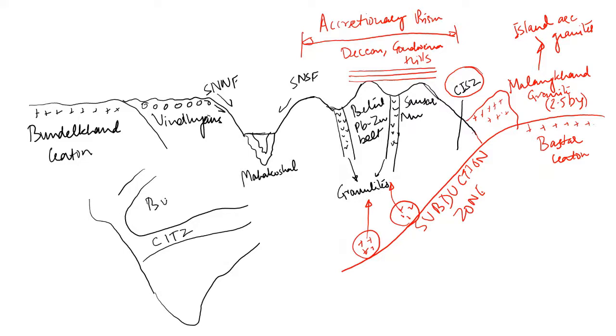This is the Bundelkhand proto-continent, and this is the Deccan proto-continent. So they were brought together at 2.5 billion years by the Central Indian Tectonic Zone.